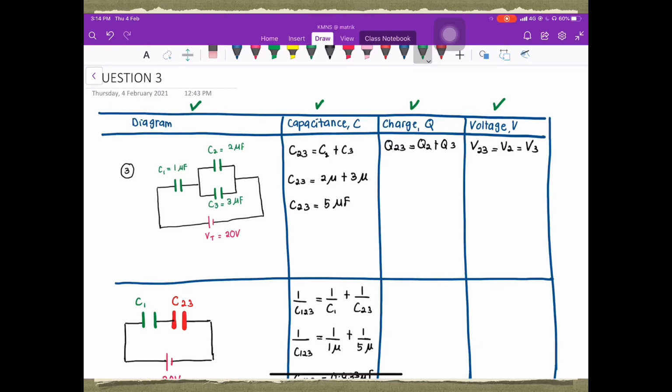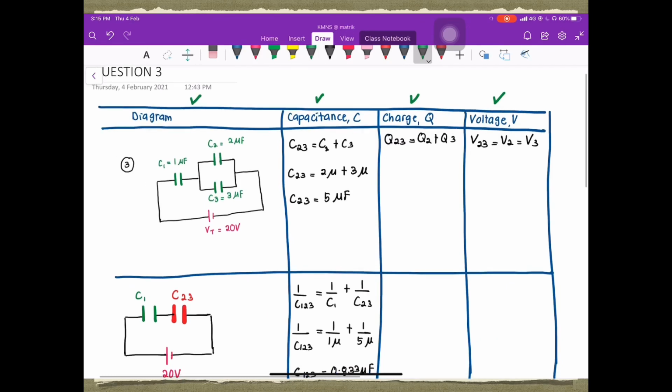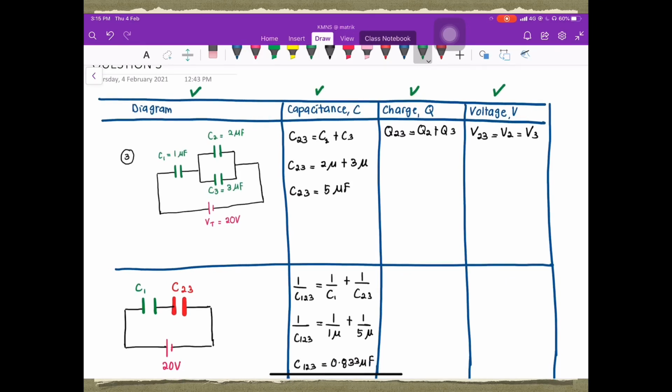Okay, now we need to calculate the capacitance first. We have C1, C2 and C3. Which combination is complicated?